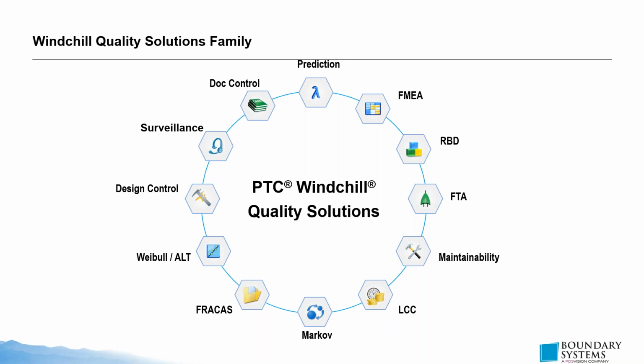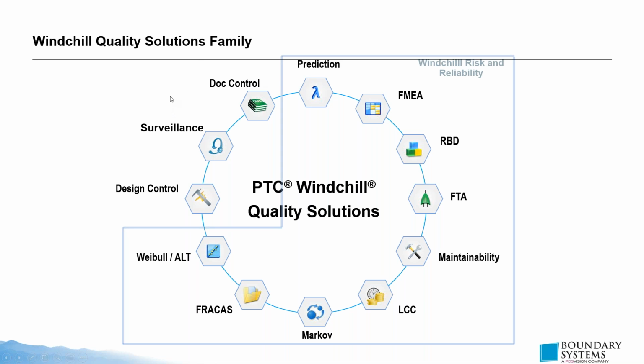So basically, in this case, all of these different tools represent different aspects of things you can use in the quality solutions family, right? And a huge subset of them are primarily stored under the Windchill quality solutions, which is now called risk and reliability.